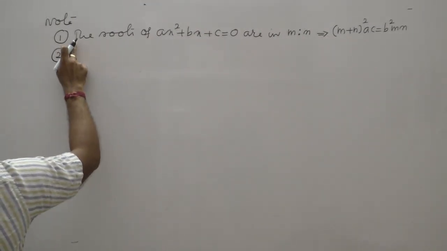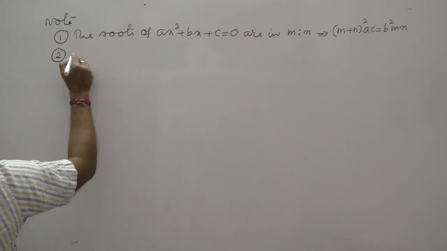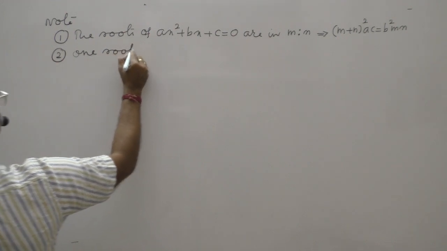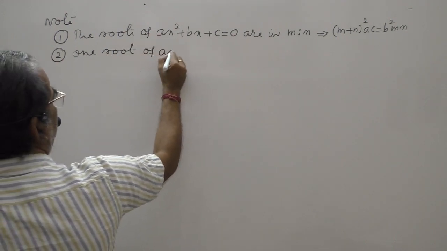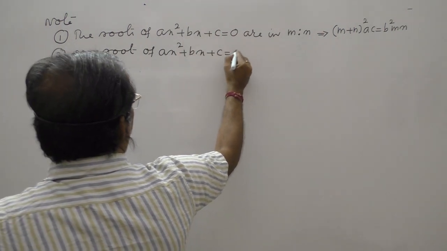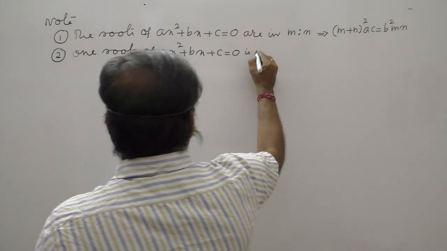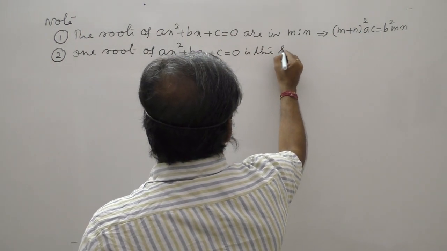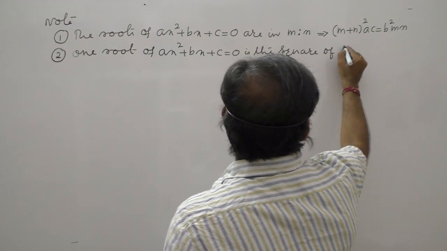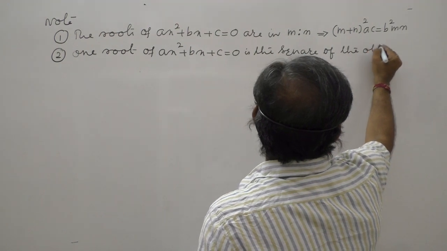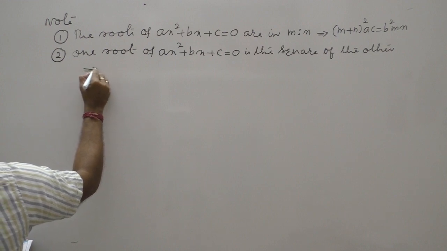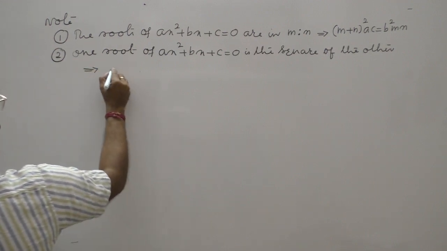Please see. First property, next second one. If one root of ax square plus bx plus c is equal to 0 is the square of the other, then this implies, what is the condition?